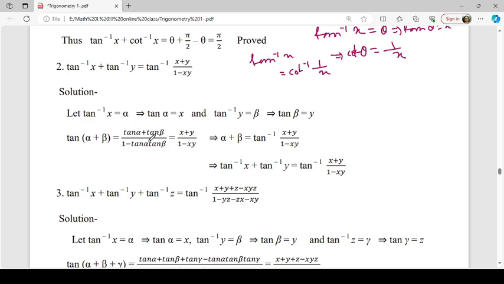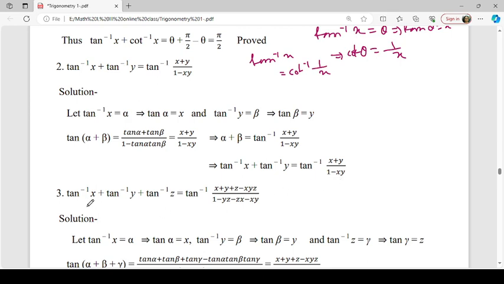So tan alpha plus tan beta over 1 minus tan alpha tan beta is x plus y over 1 minus xy. Then alpha plus beta is tan inverse of x plus y over 1 minus xy, where alpha is tan inverse x and beta is tan inverse y, and we are proving this.